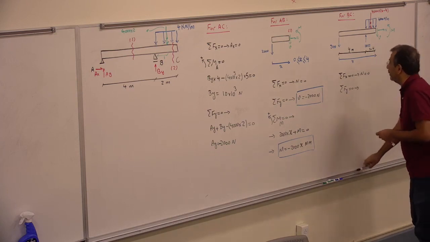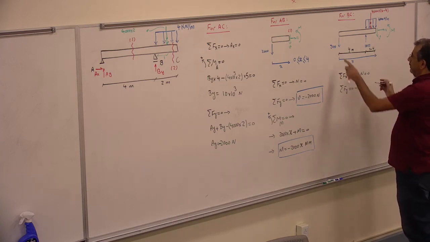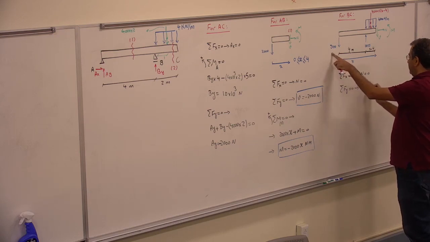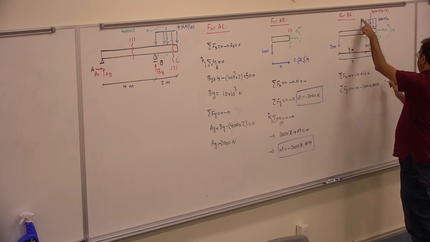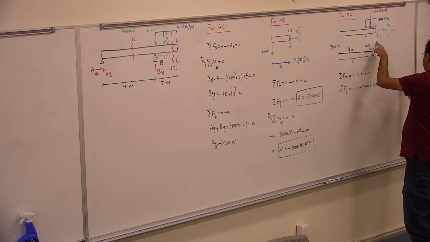So when I write it there, I have negative 2,000 here. Then I have plus 10,000 there. Then I have negative 4,000 times x minus 4. Then I have minus V, which would be 0.